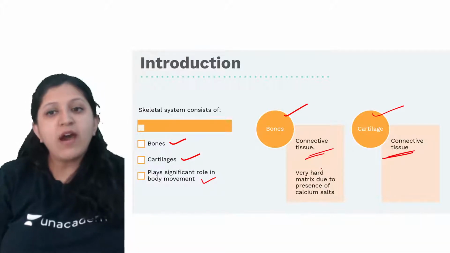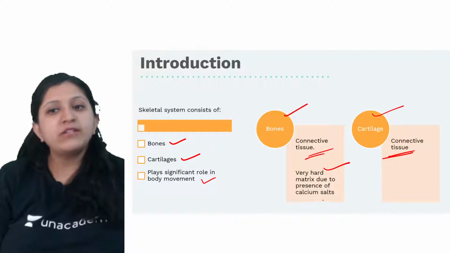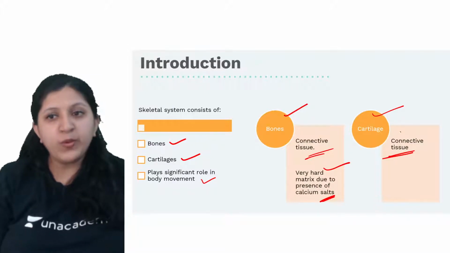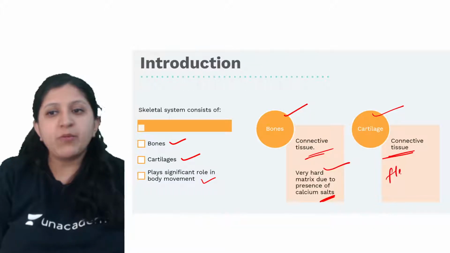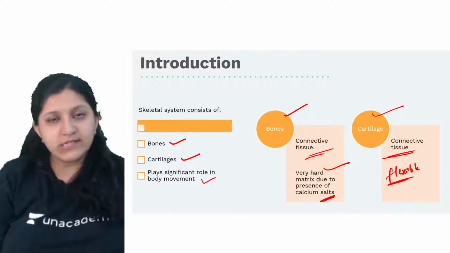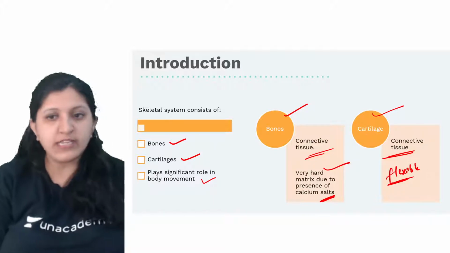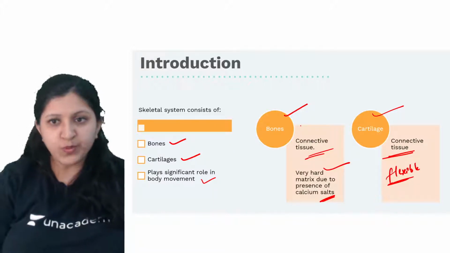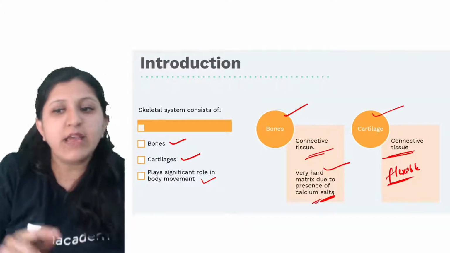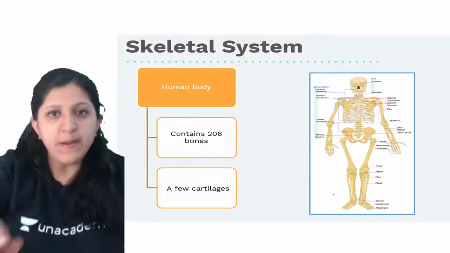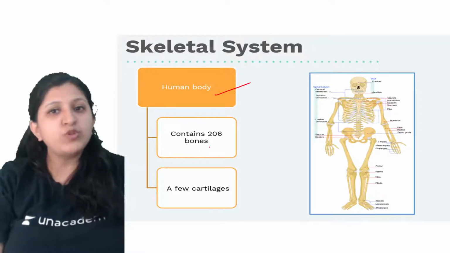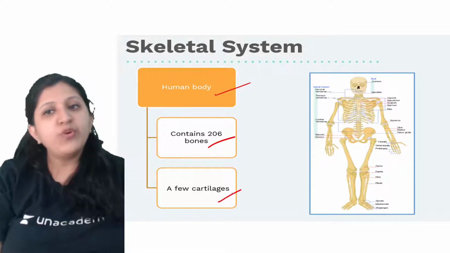Bones have a very hard matrix due to the presence of calcium salt, as compared to cartilage. Cartilage is somewhat flexible. Flexibility and elasticity are provided in the cartilage, but not in bones, as there is calcium deposition in the bone matrix. The human body has about 206 bones and a few cartilages.